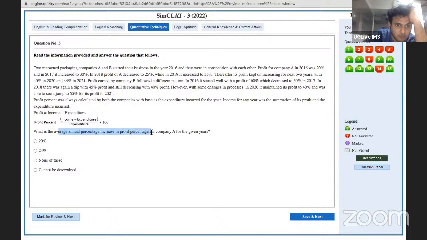Average annual percentage increase in profit, हाँ ये मैं बोलूँ. कंपनी ए क्या है? कंपनी ए ठीक है, 20%. एवरेज एनुअल परसेंटेज इंक्रीज तो गिवन है, तो 20% से कहाँ बढ़ा है? 44 minus 20, divided by 20.